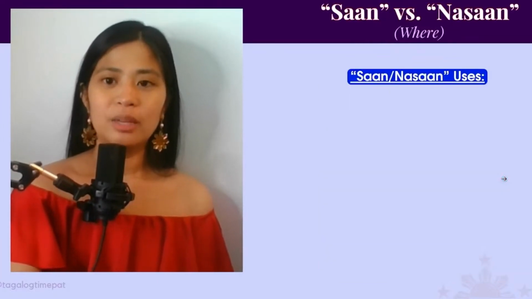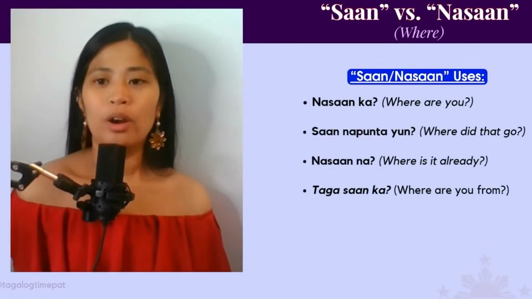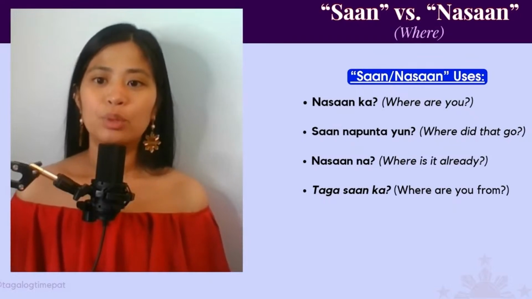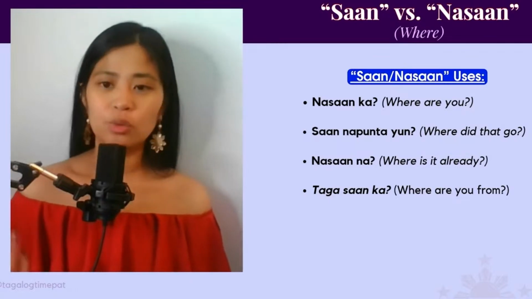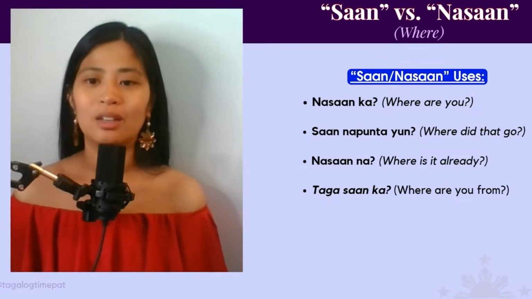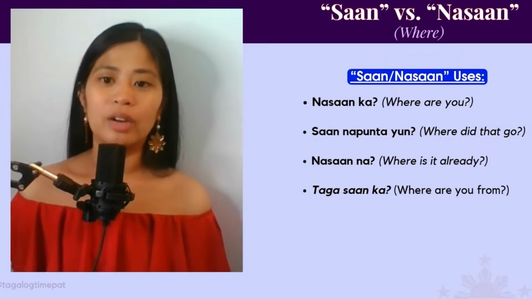And then here are just some other uses for saan and nasaan. Nasaan ka? Where are you? Saan napunta yun? Where did that go? So if you're looking for something just rhetorically, you can be like, saan napunta yun? Where did it go? Nasaan na? Where is it already?